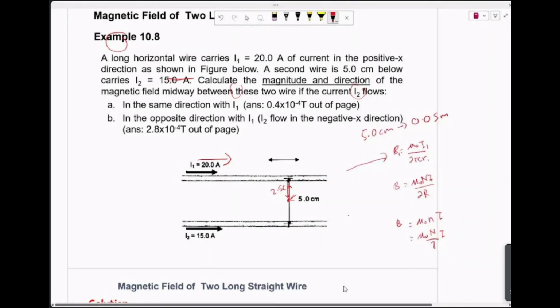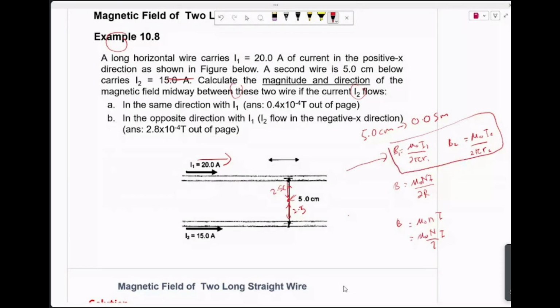At the same time, current I2 is also going to provide another magnetic field at the same point, with r2, which is going to be 2.5 centimeters as well. So you just put I2 there, put r2 as well, and put in all the values. Technically, right now, we are going to have a magnetic field from current 1 and a magnetic field from current 2.